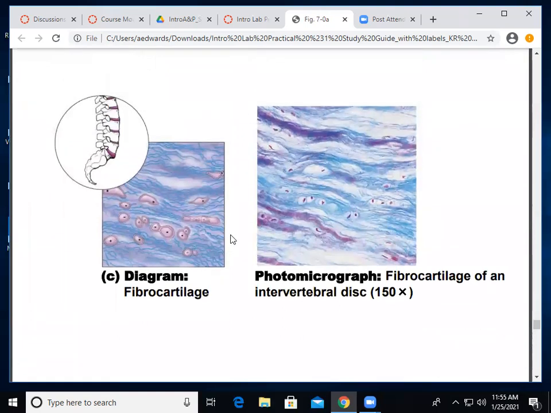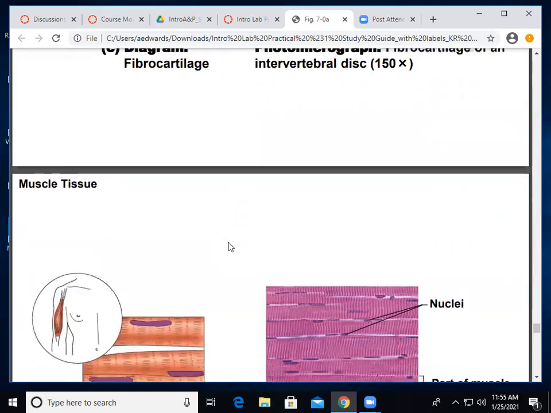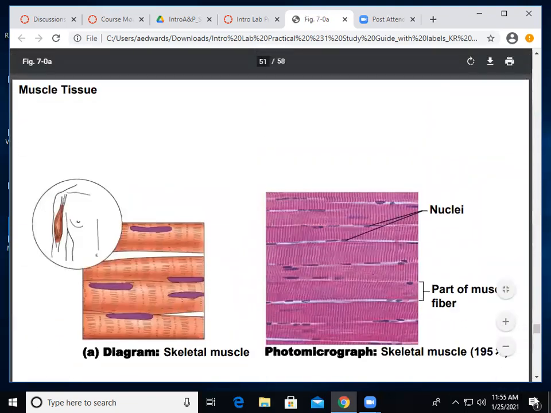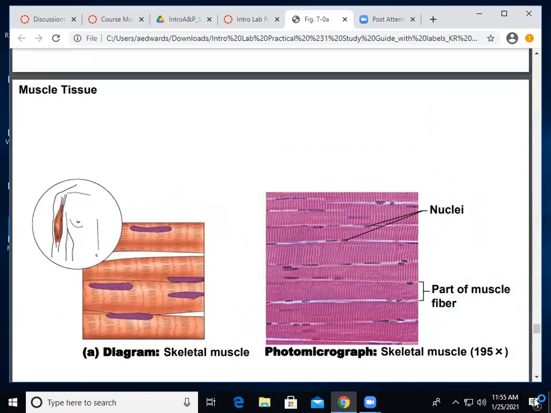All right, so that is connective tissue. Just to review real quick, you see black lines, what kind of connective tissue are we talking about? Anybody remember? If you see the black lines, reticular. You see the white circles, what are we talking about?